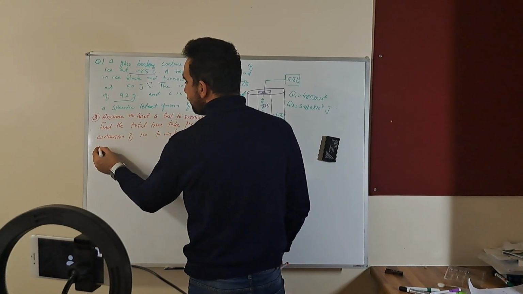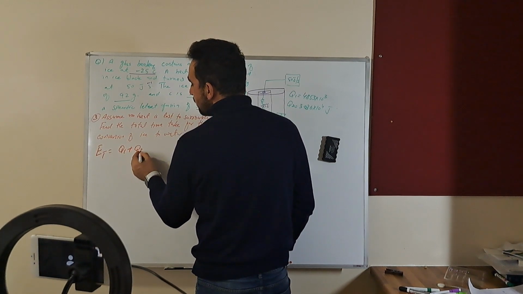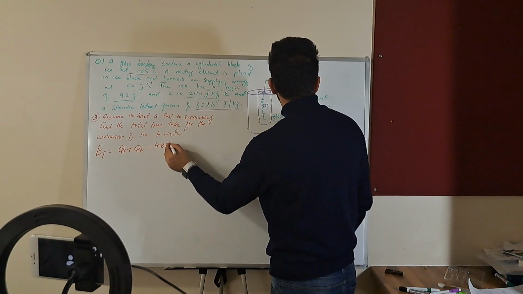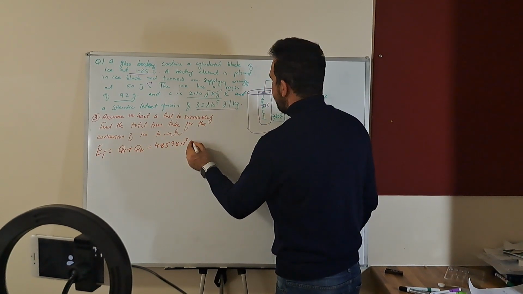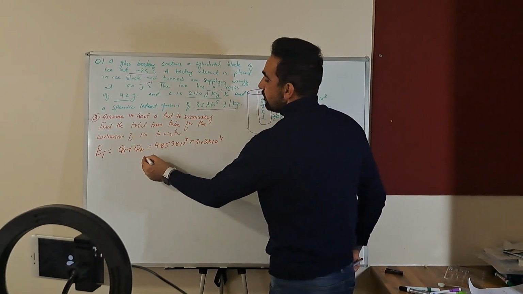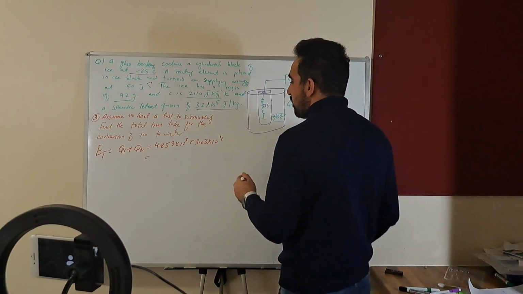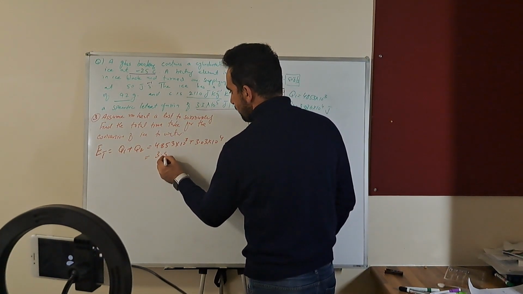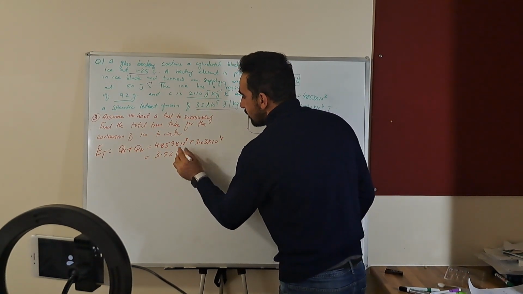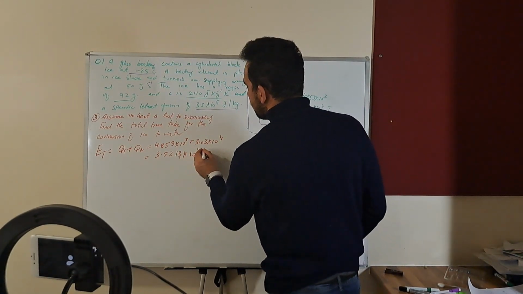So total energy E total is equal to Q1 plus Q2, and Q1 is 4.853 times 10 to the power 3 plus 3.03 times 10 to the power 4, and if we add these two terms, what we get is total energy is 3.513 times 10 to the power 4 joule.